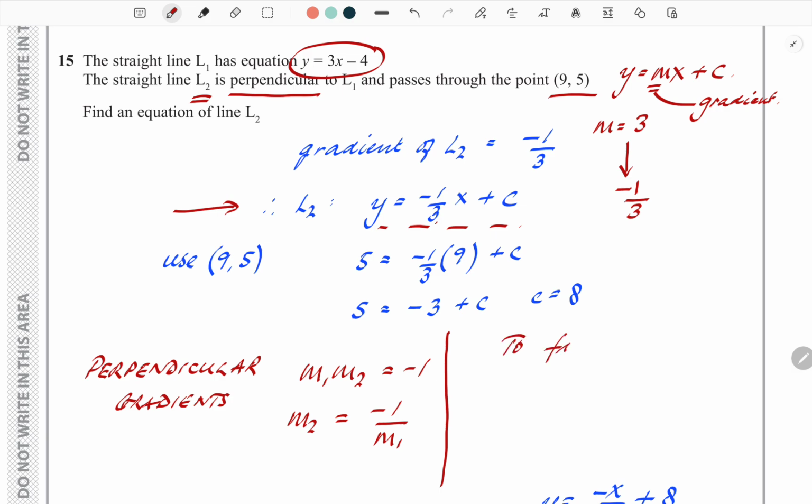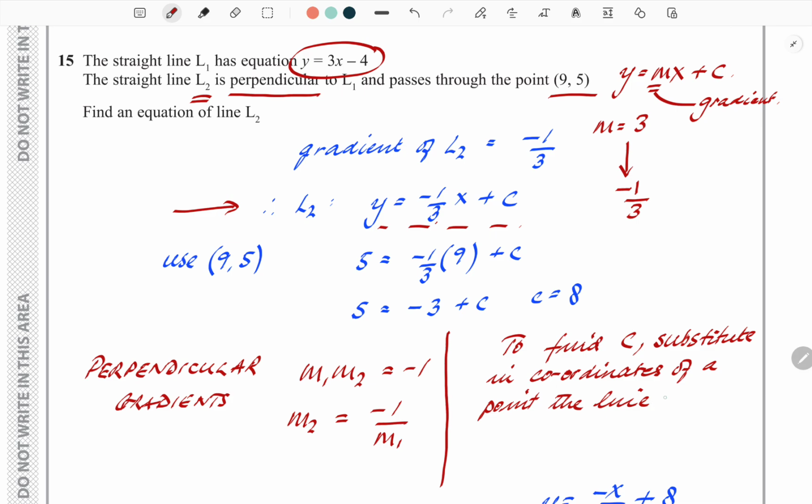To find c, substitute in the coordinates of a point, and any point really, that the line passes through, which in this question they've given us is 9, 5.